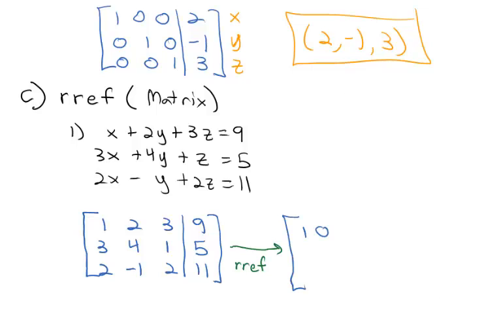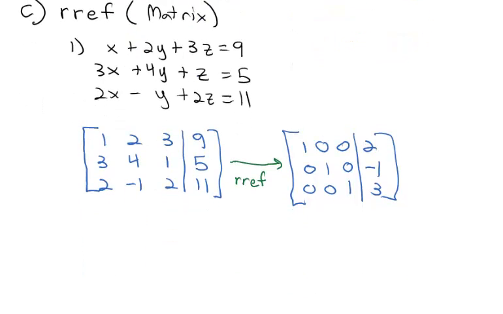So we get 1, 0, 0, 2, 0, 1, 0, negative 1, and 0, 0, 1, 3, which implies yet again that the answer is 2 for x, negative 1 for y, and 3 for z.